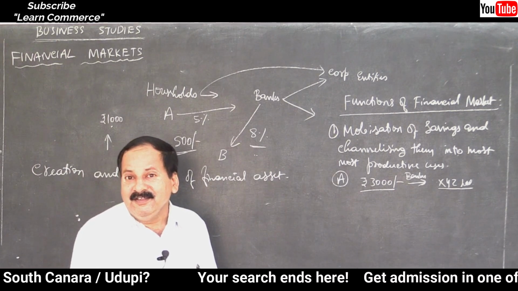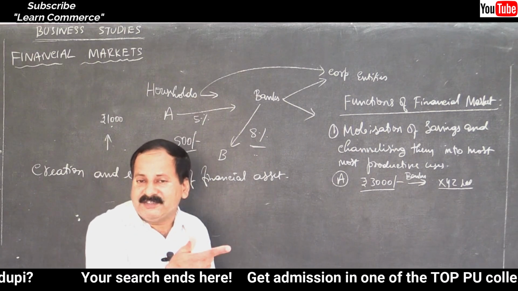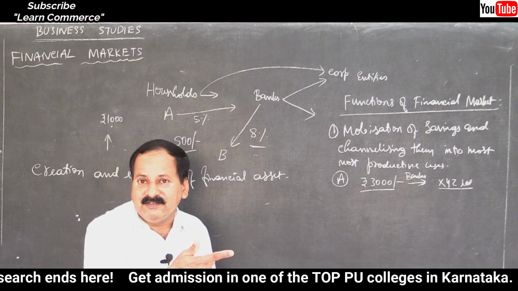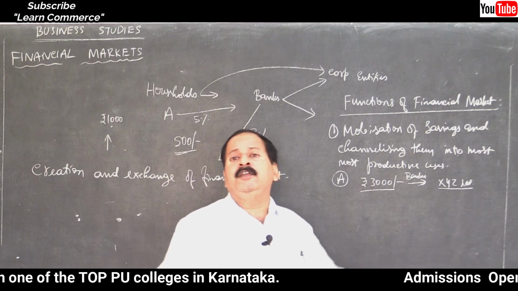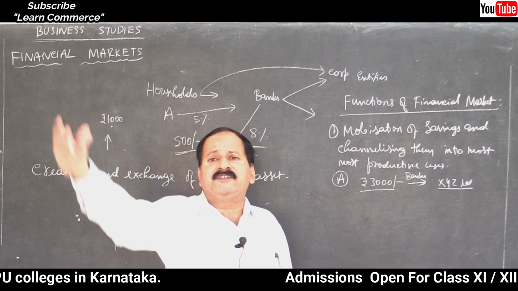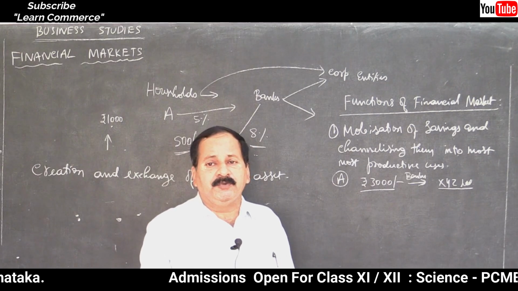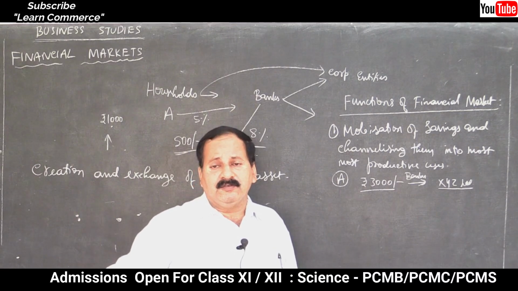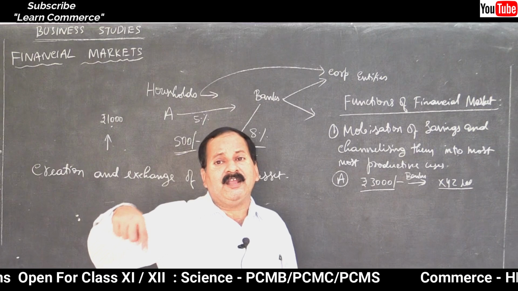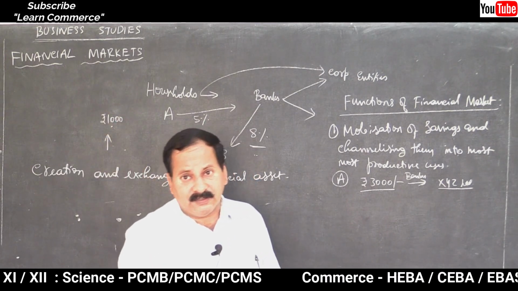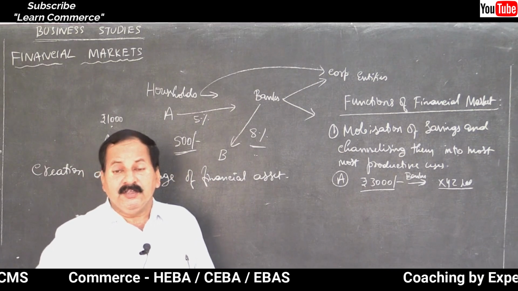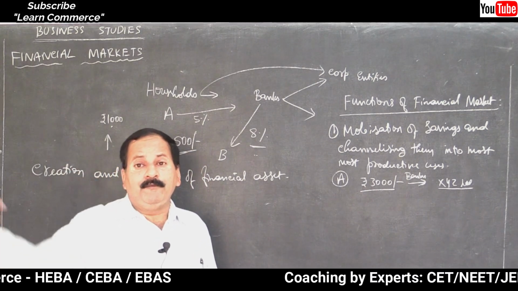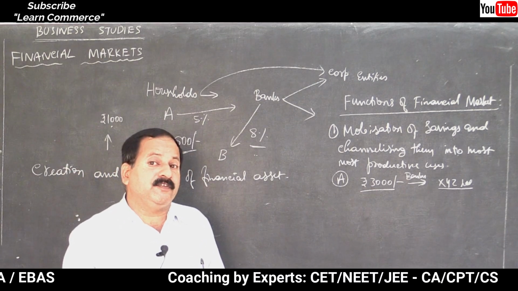But here the thing is that if you invest it in productive areas, that means the corporate entity XYZ Limited, it may be earning a profit of maybe 50% on the investment. Today company invests 10 crore and after 1 year it may convert it into 20 crore, isn't it? That's 100% profit. Or it may convert it into 15 crore, 50% profit.